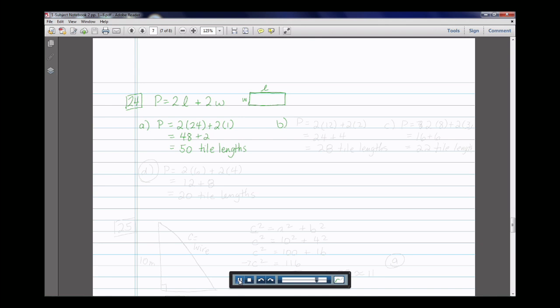If you work out B, it's going to be 2 times 12 plus 2 times 2, which is 24 plus 4, which is going to be 28.